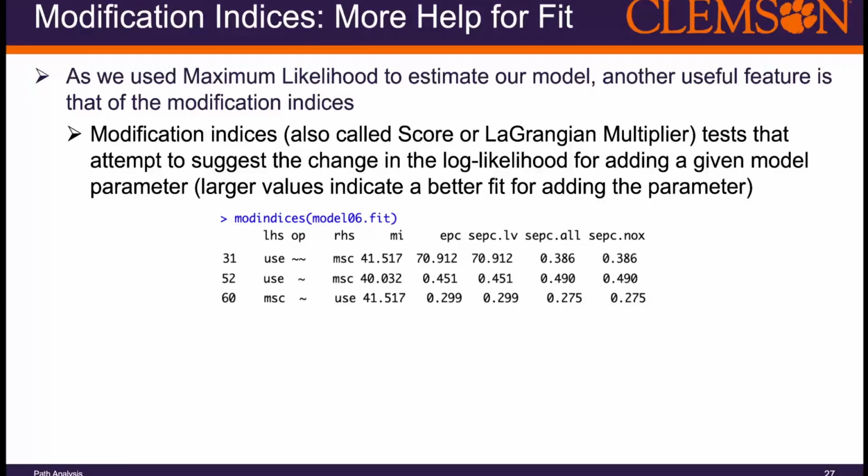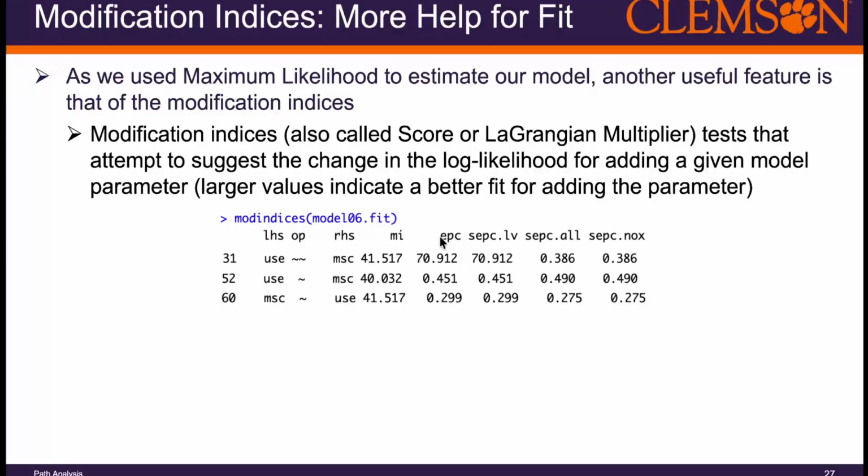Remember, likelihood ratio tests follow a chi-square distribution. A chi-square distribution's critical value for 0.05 alpha level, type 1 error rate level, is 3.86. This being much larger than 3.86 suggests this is a very strong effect, a very small p-value for it. So this tells us that, yes, adding this parameter is likely to make a significant difference in model fit.